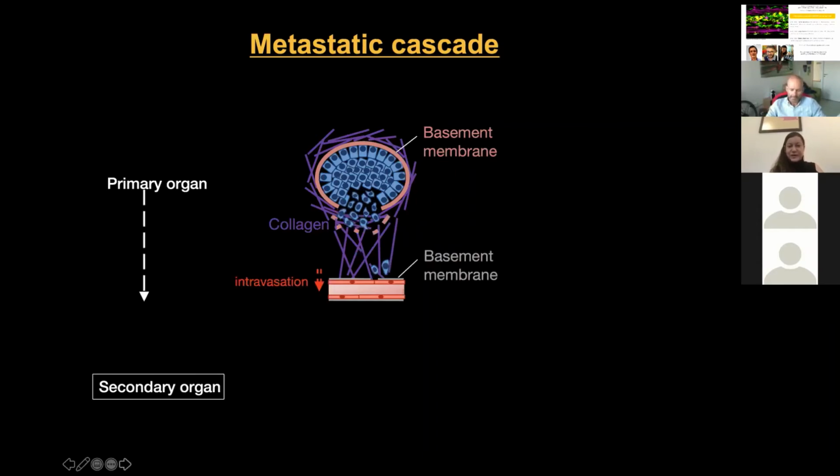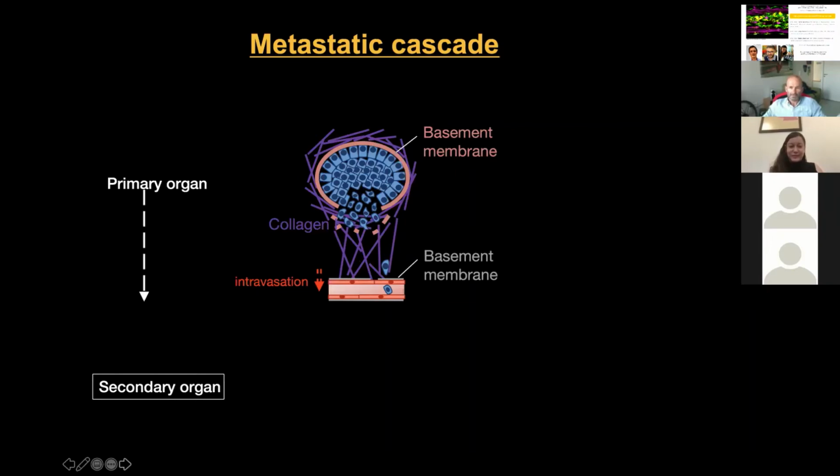Finally, some of the cells are going to reach the vessels, and then they're going to intravasate again, passing through the basement membrane. Now, keep in mind, this basement membrane is slightly different in components, so we don't know that the biology of the crossing across this basement membrane is exactly the same as the first time. So this process, as I said, is called intravasation.